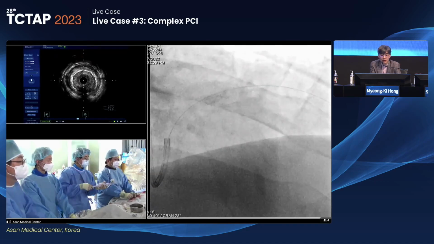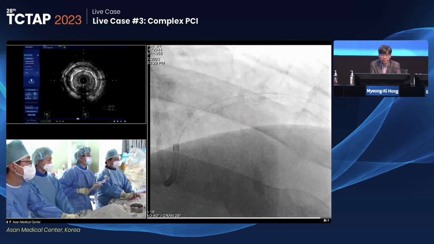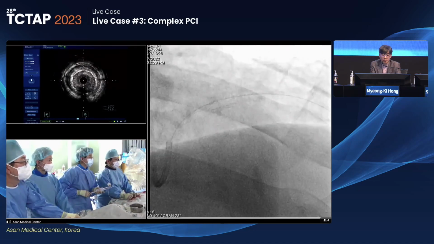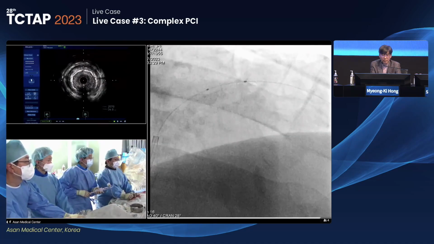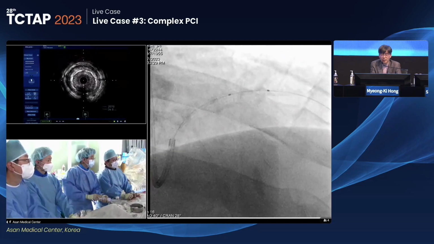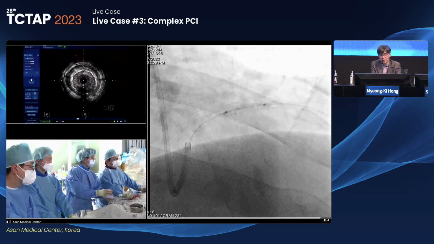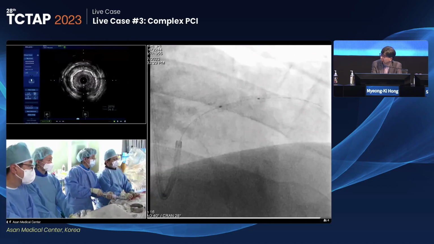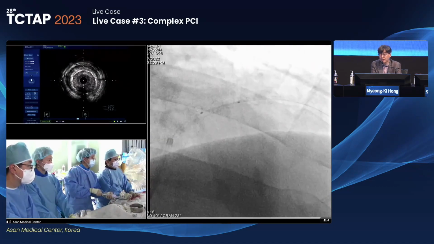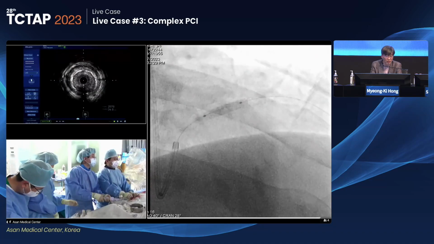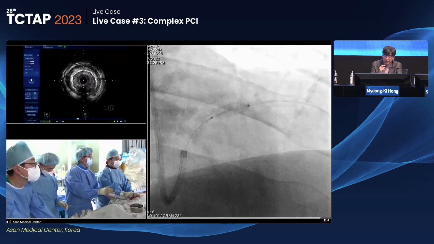But I'd like to apply it again to the mid portion, one more. 10. Dilating this region with a 4.0 balloon means the previous stent size selection might have been smaller. It was 3.0 before on IVUS. Deflation. So you're taking everything bigger.